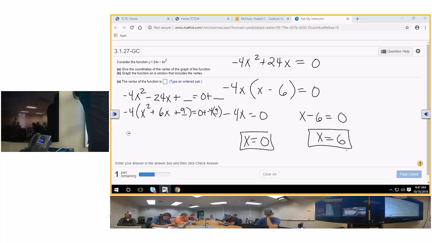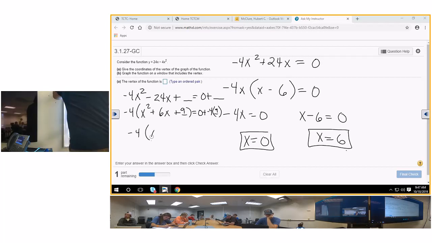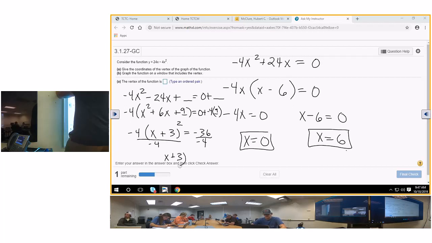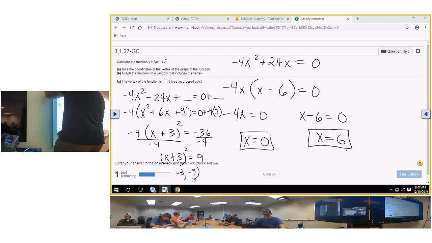So negative 4 times x plus 3, quantity squared, is equal to negative 36. And negative 4. So our vertex, x plus 3, quantity squared, is equal to what? 9. So negative 3 and negative 9 should be our vertex.